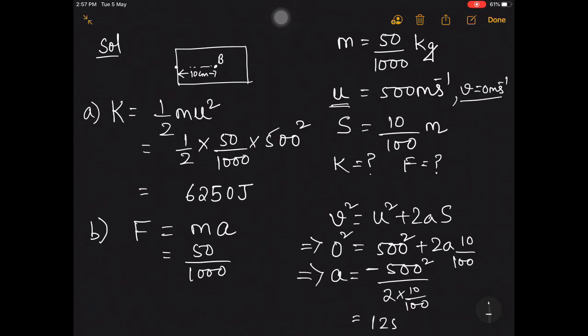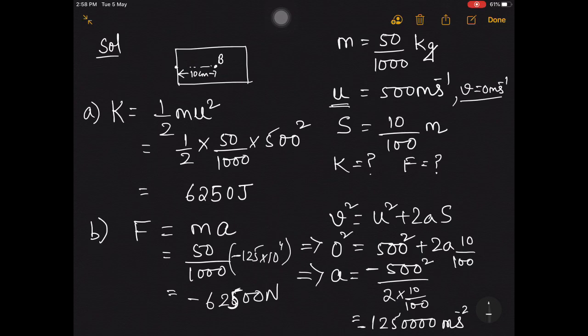Yes, I am getting 1 to 5 and 4 zeros as my retardation, and it is negative. So I will substitute here minus 1 to 5 and there are 4 zeros. Now see how much is my force. Let's calculate. I am getting minus 62500 Newton. 625, right? And the minus sign indicates that it is a retarding force.